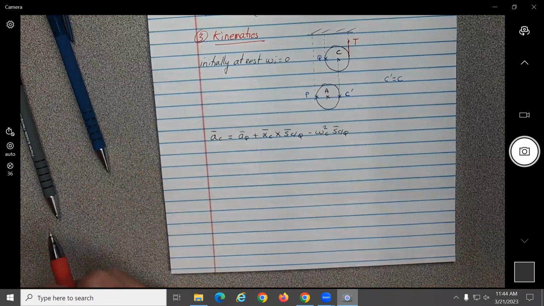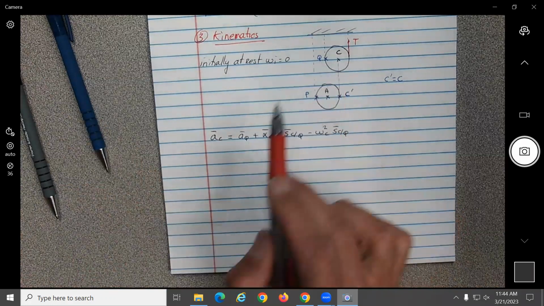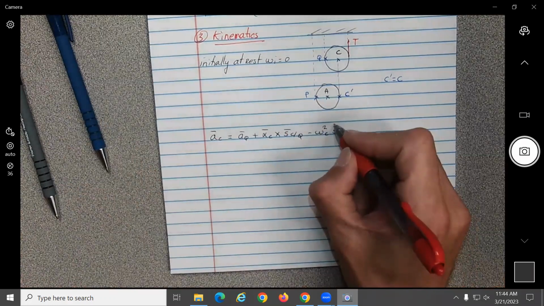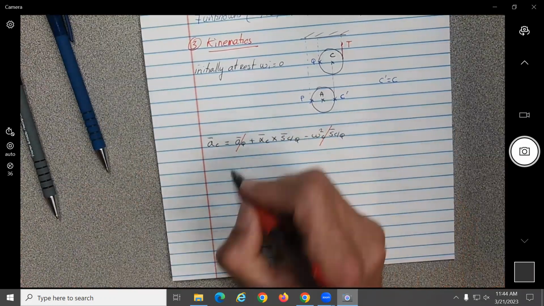Okay, what's happening here? We're going from here to the center of this pulley. So then what's happening? What can I do here? Okay, so they cancel each other.